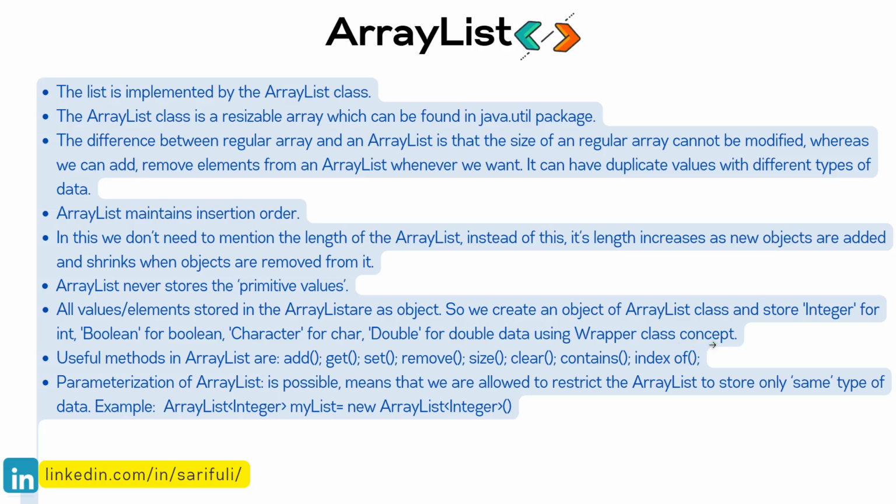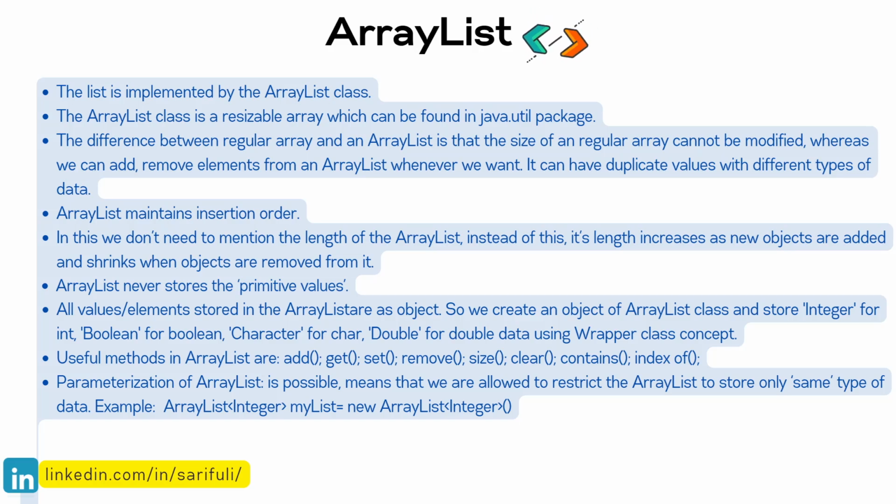So what is a wrapper class? I have a detailed, separate lecture, so please watch that. But just in a nutshell, wrapper classes are those classes which are used to wrap primitive variables or values in such a way that they behave like an object.